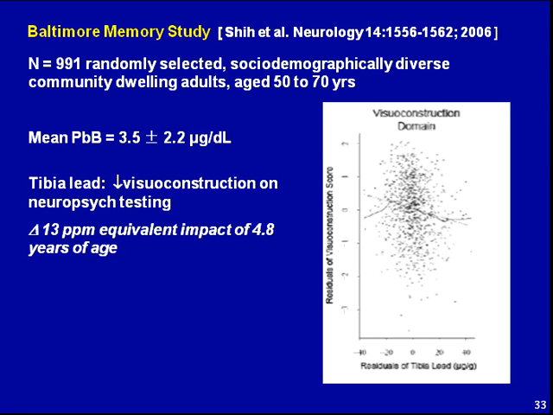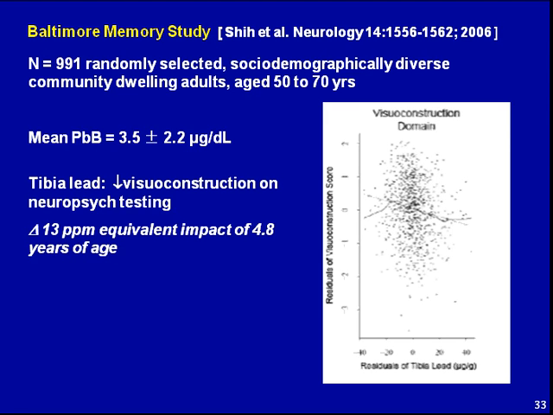Now, what's significant to realize in terms of the impact of this on health and functioning is that when we talk about people who are approaching their senior years, a 4.8 year acceleration in the effect of aging on cognitive function is significant.